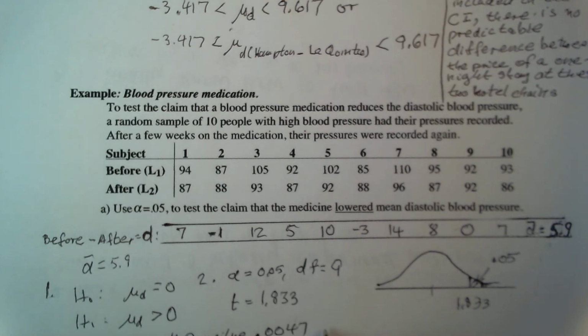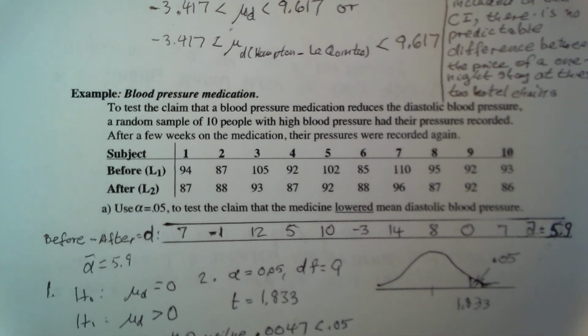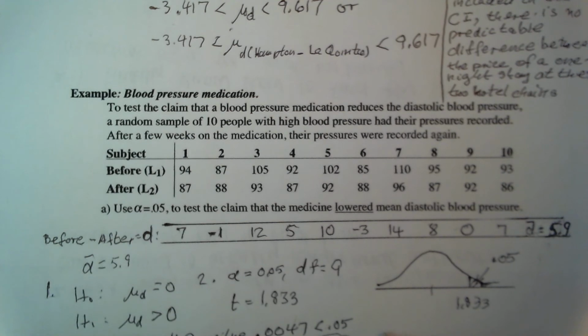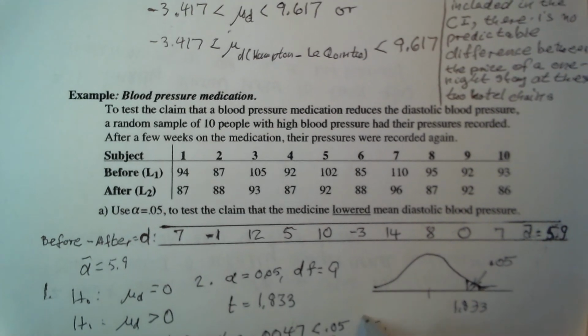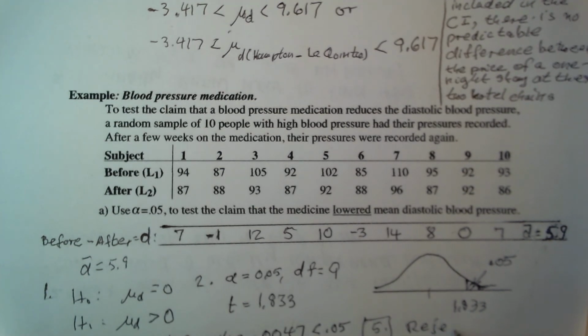And also the p-value is certainly less than alpha, 0.05. So both of these observations lead us to conclude that we reject the null hypothesis. So 5, reject the null hypothesis.